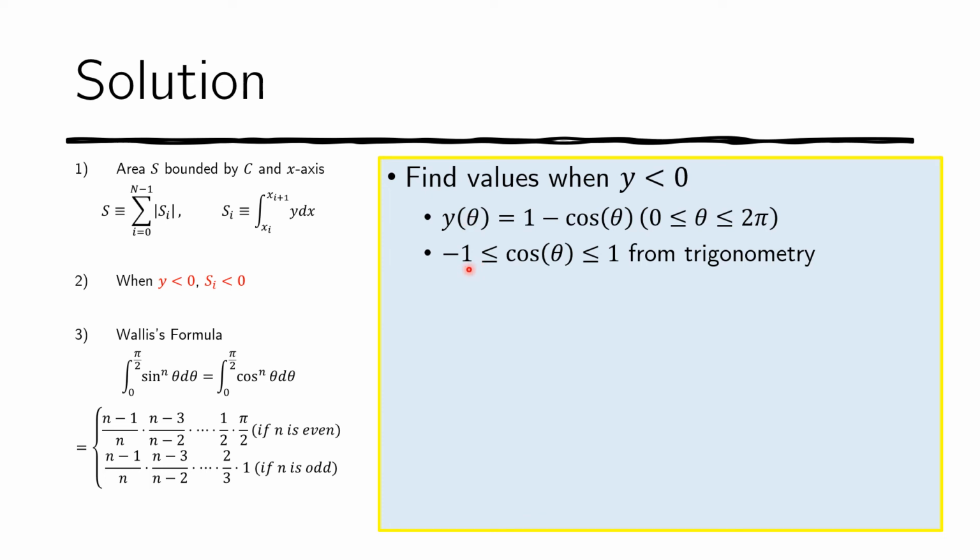We know from trigonometry that the value of cosine theta for any theta actually falls between -1 and 1. Now, our goal is to arrive at this expression here from this starting point. So we want to get 1 minus cosine theta and see if that is ever less than 0.